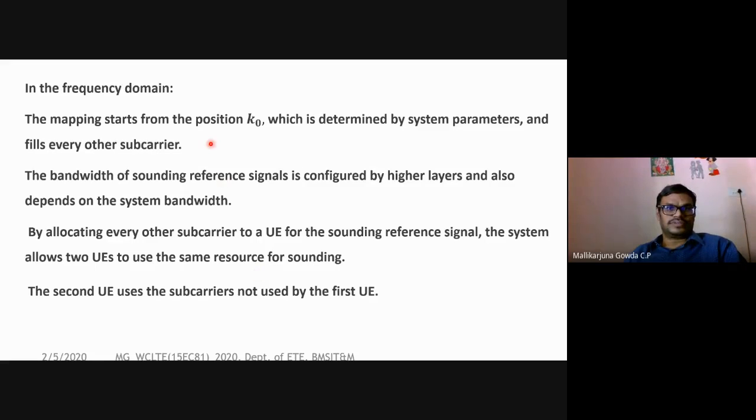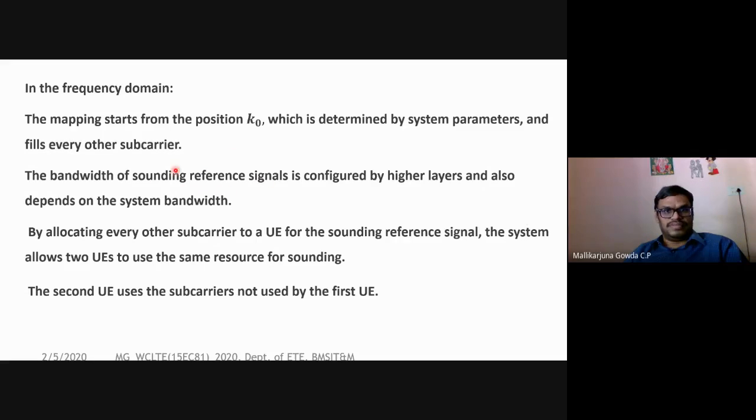So in the frequency domain, the mapping starts from the position K0, which is determined by the system parameters, and fills every other subcarrier. I will show it with the diagram. The bandwidth of the sounding reference signal is configured by higher layers and also depends on the system bandwidth. As I said, LTE supports different bandwidths, starting from 1.4 megahertz till 20 megahertz: 1.4, 3, 5, 10, 15, and 20 megahertz.